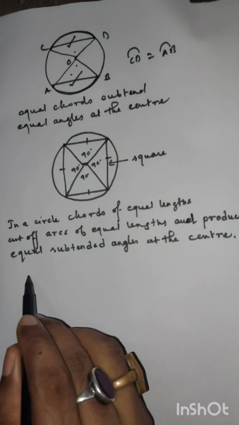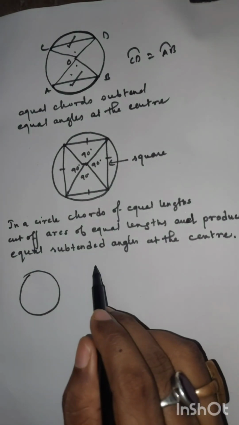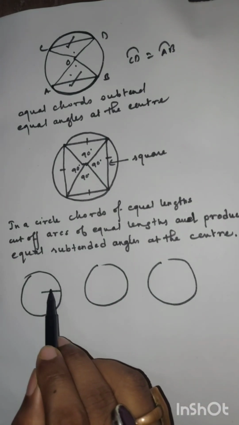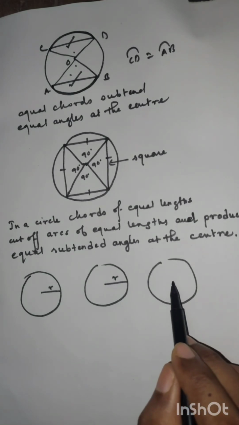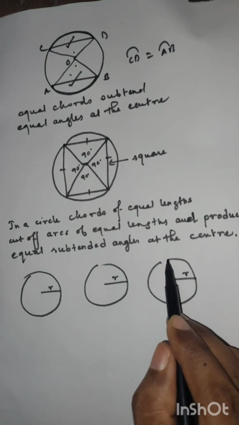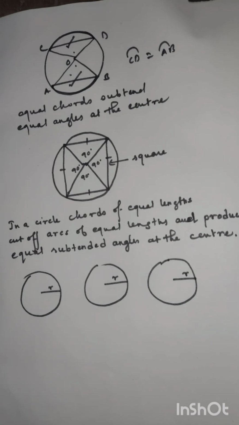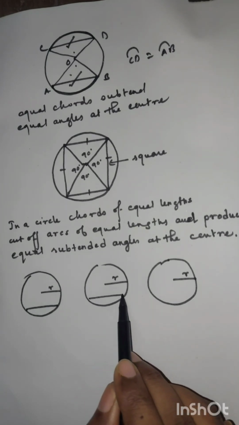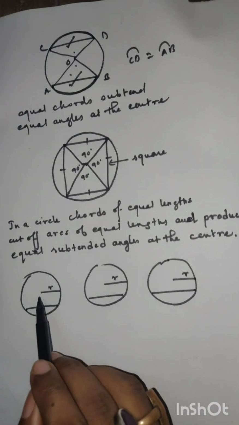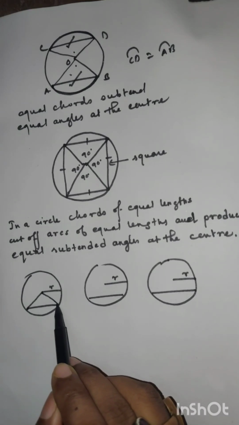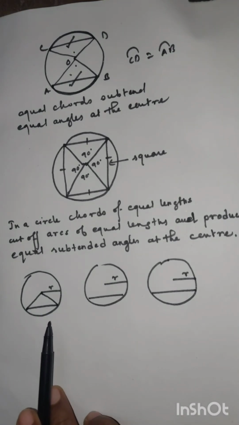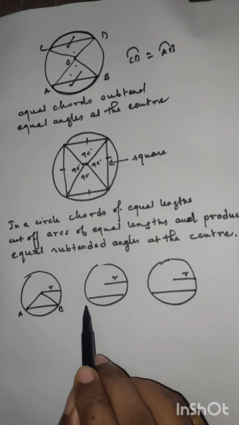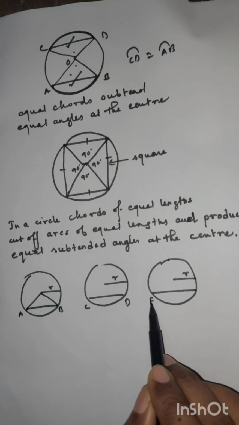If we draw two or more circles of equal radius, let us say this is chord AB, this is CD, this is EF.